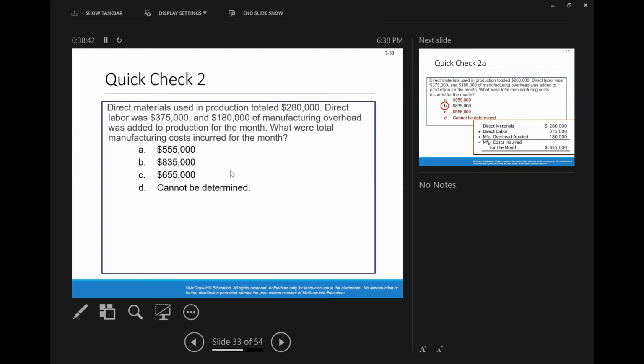So they're giving us the three pieces we need: direct material, direct labor, and manufacturing overhead. So what do you think we're going to do to calculate? Add everything together, yes. So when you add it all together, we get 835,000. So it's B.